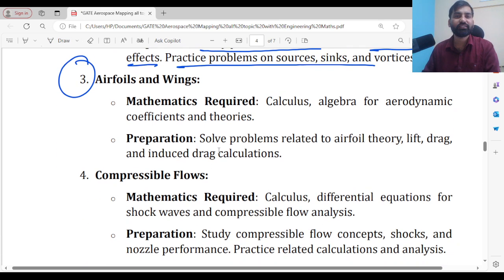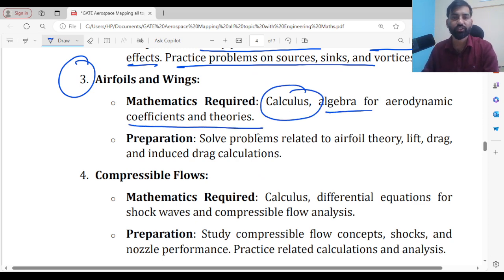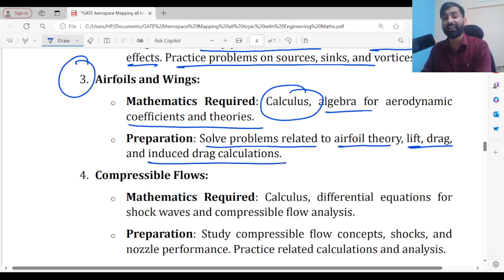Now airfoils and wings, right? The mathematics required is calculus and algebra for aerodynamic coefficients and theories. Solve problems related to airfoil theory, lift, drag, induced drag calculations and all. So again calculus, algebra, differential equations, complex analysis, all these things are required.